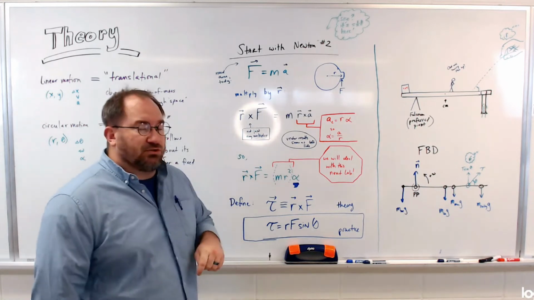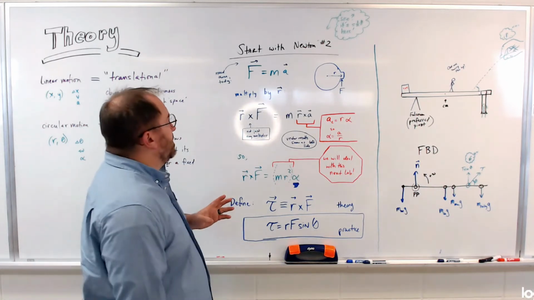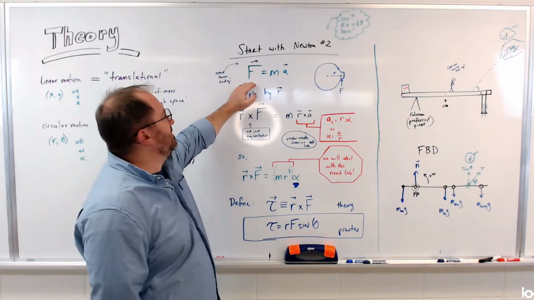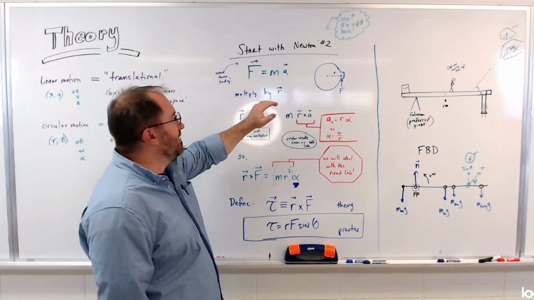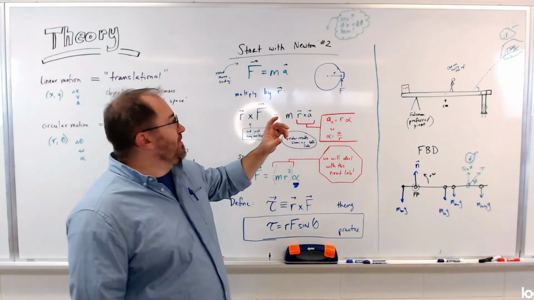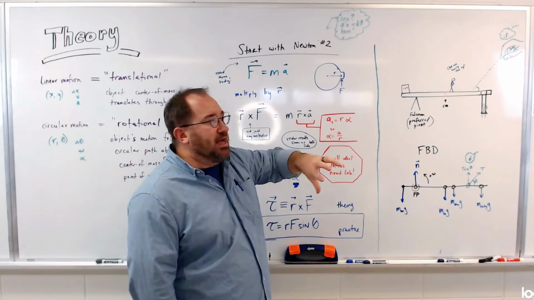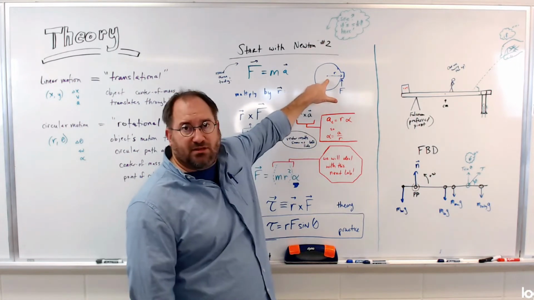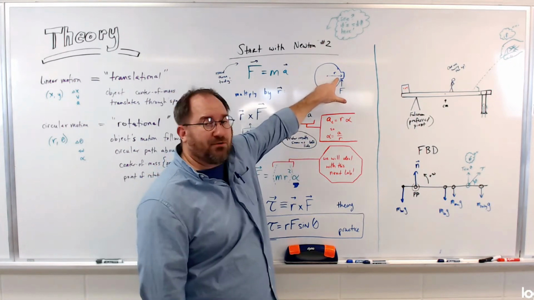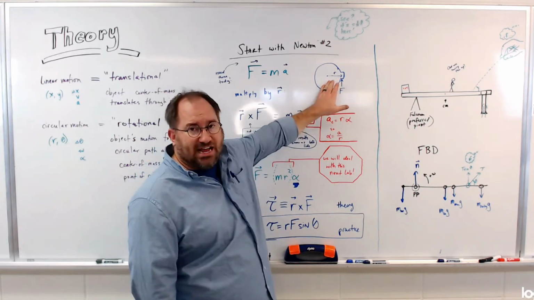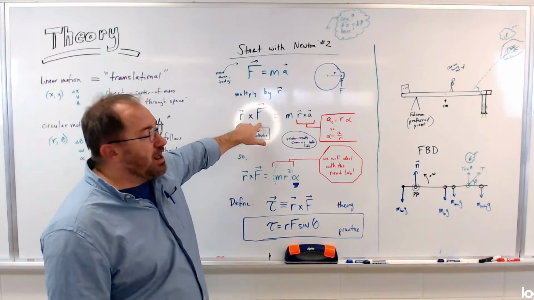So we start out with Newton's second law, and we say, okay, well, we want to remember to some extent that these are vectors, so we'll write that in this case. And we note that we have this force applied to this body at some point that's not along the center of mass, some distance from that center of mass, which we refer to as the radius. And so this force at that radius, we want to multiply our force by radius.